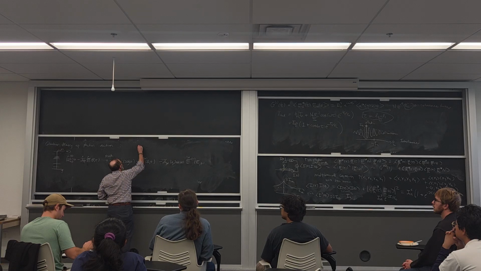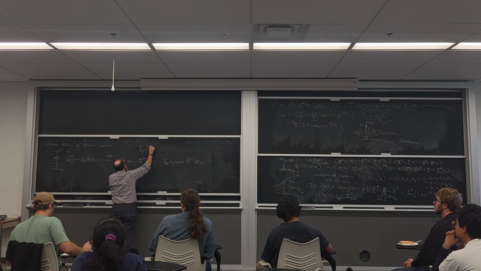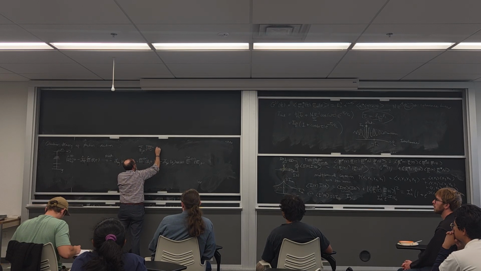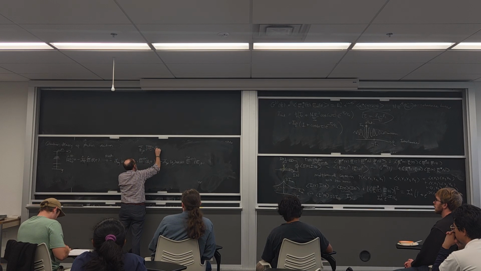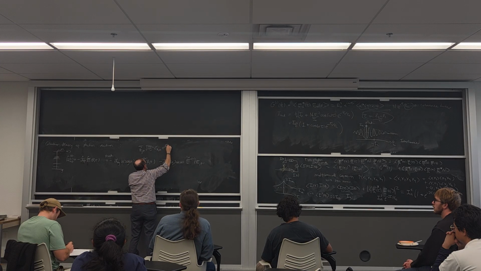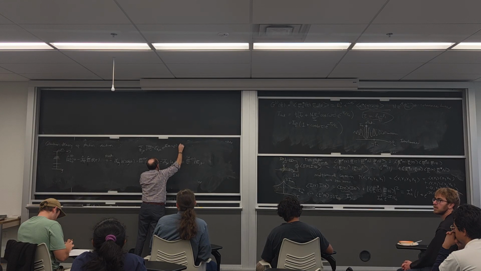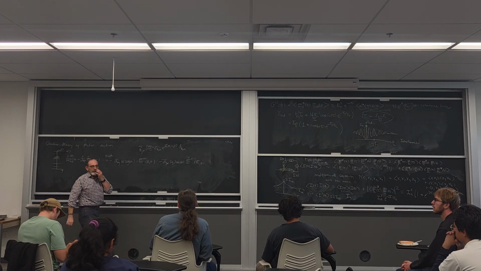So this guy was the sum over all the modes, blah, blah, blah, with my epsilon e to the i k dot x minus omega t, and then the annihilation operator. Okay, that's the Heisenberg picture of that thing.